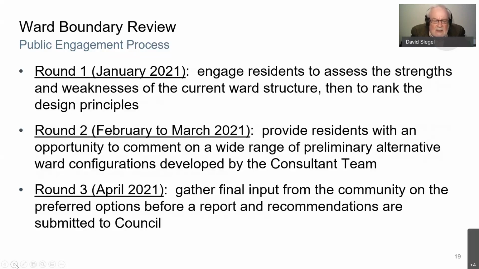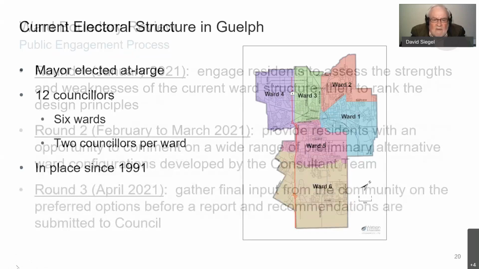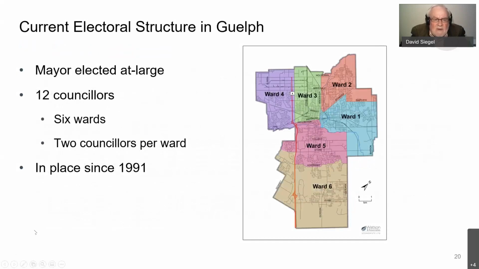So let's move to a discussion of what Guelph looks like now in terms of the ward system. Right now, Guelph has a mayor and 12 councillors, and the mayor is elected at large, and the election of mayor is not under consideration. It's not a part of what we're doing here. We're looking at the election of the 12 councillors. And right now, the 12 councillors are elected from 6 wards, meaning there are 2 councillors elected per ward.